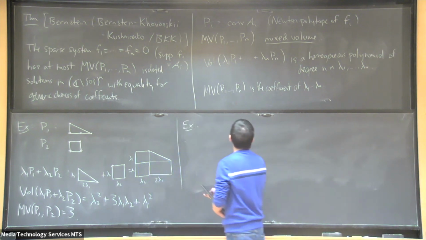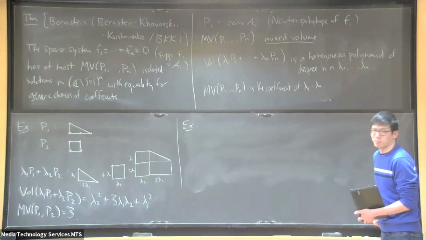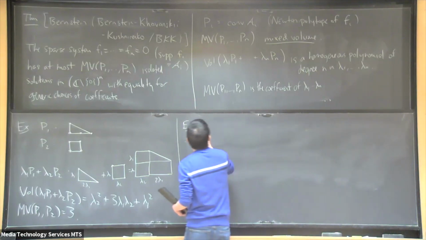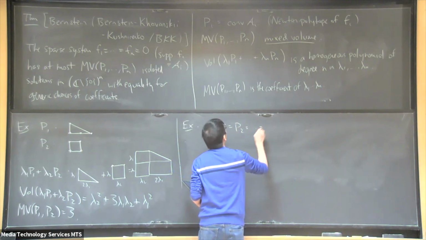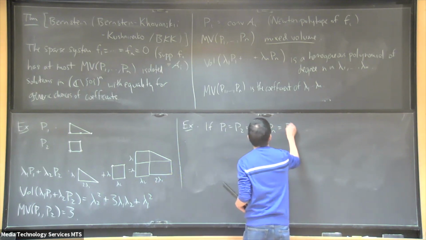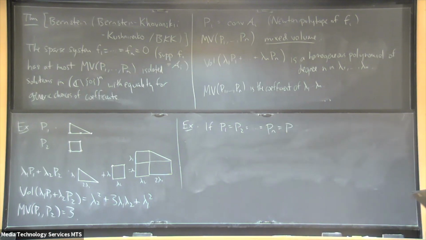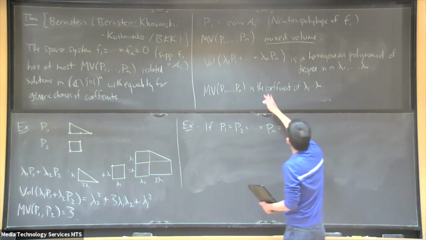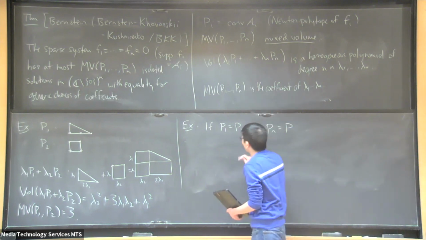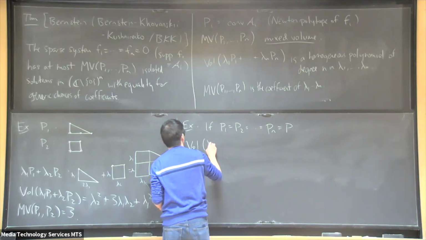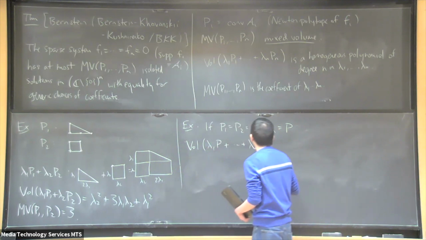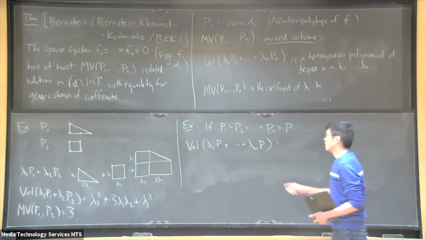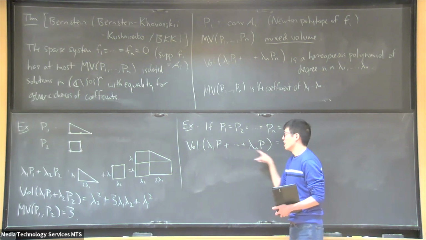So an easy example is, what if all my polytopes are just the same? Maybe all my polytopes are just a single polytope P. Then what is the mixed volume? Well, I can just compute what this thing here is, right? So we get the volume of lambda 1 P plus dot dot dot plus lambda n P. Of course, you're just scaling up P by the sum of the lambdas.